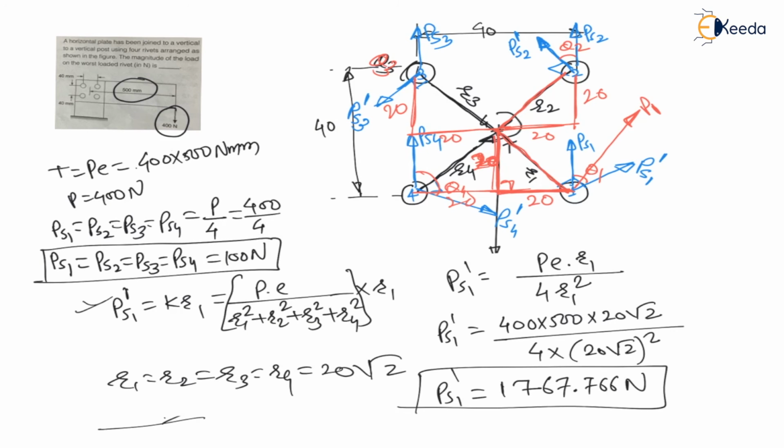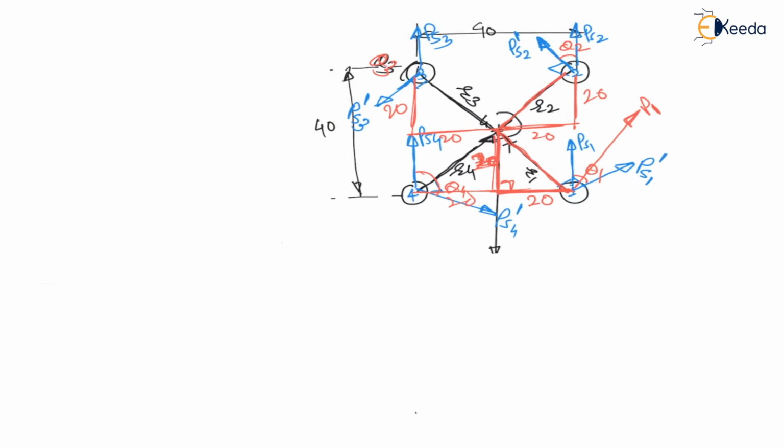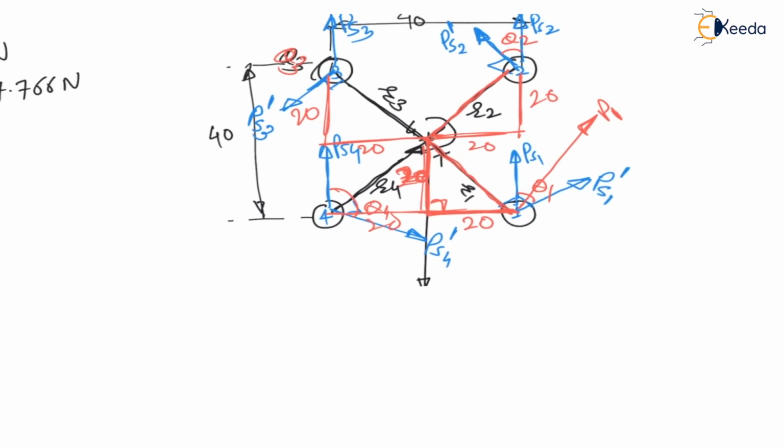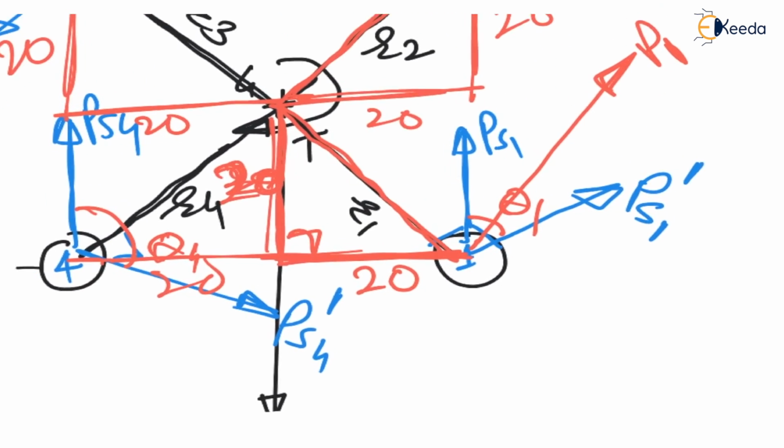Now again our target is to find theta 1 also. Therefore PS1 is equal to 100 Newton and PS1 dash is equal to 1767.766 Newton. Now we need the theta 1 value to find the resultant load. Now let us consider this diagram for theta 1.